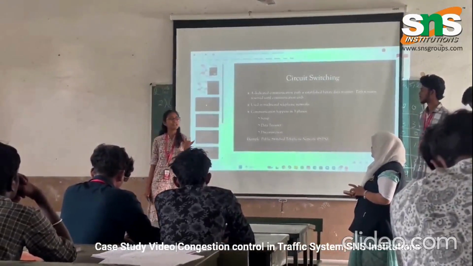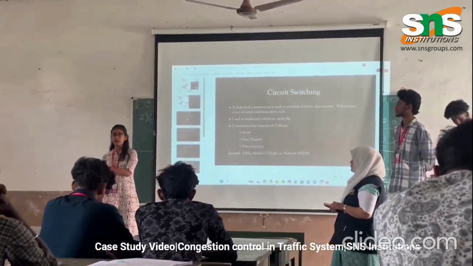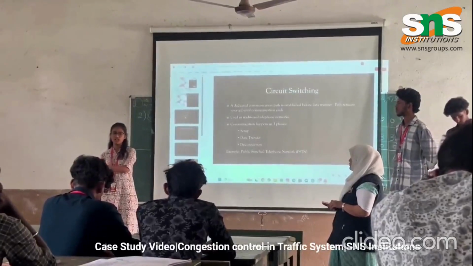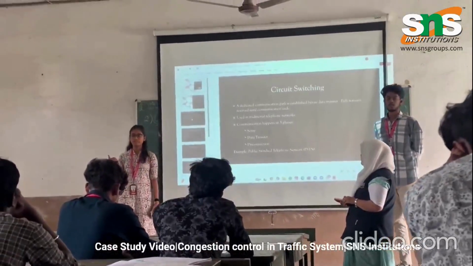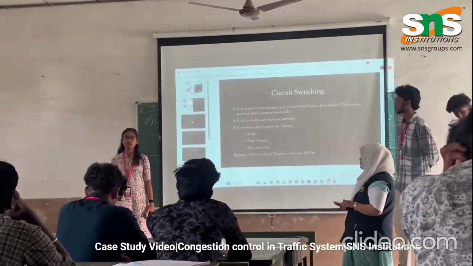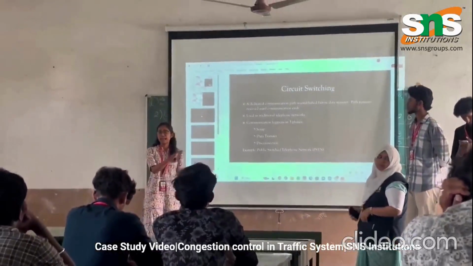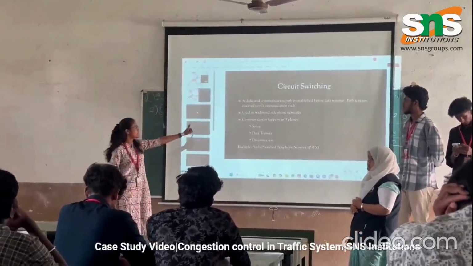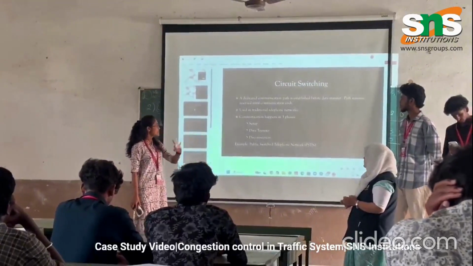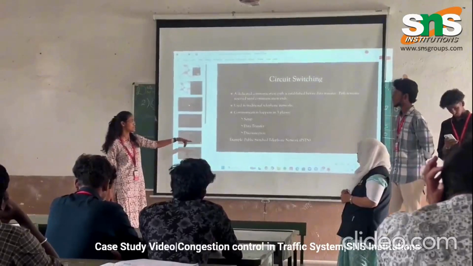For example, in telecommunication, consider a sender and a receiver. If I'm in a call, then until I hang up the call, the path will be reserved. In circuit switching there are three phases: setup, data transfer, and disconnection.